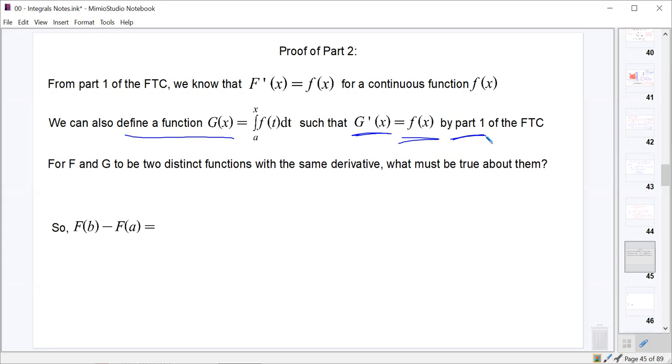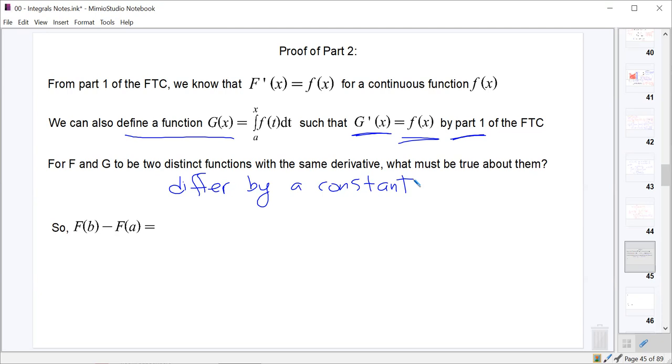So we have to think about what's going to be true for that to be the case. In order for two functions to have the same derivative but be different from each other, they have to differ by a constant. If I had the function 2x and the function 2x plus 5, they have the same derivative, but they differ by a constant.